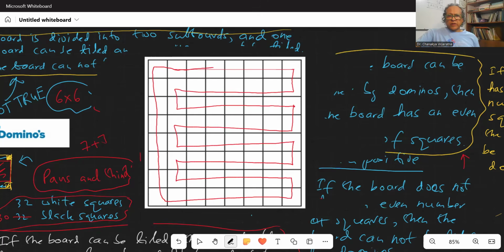So you can see that I have covered all the squares. So I started from this square, this one, and covered all the squares.